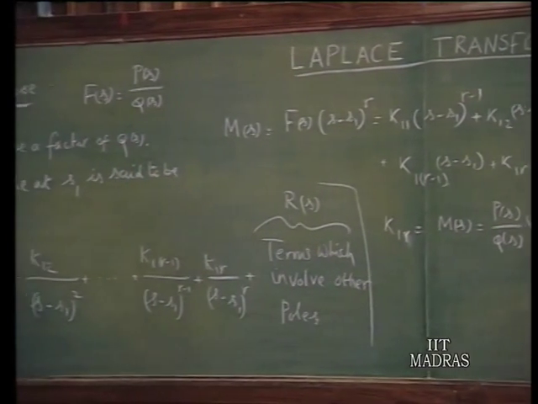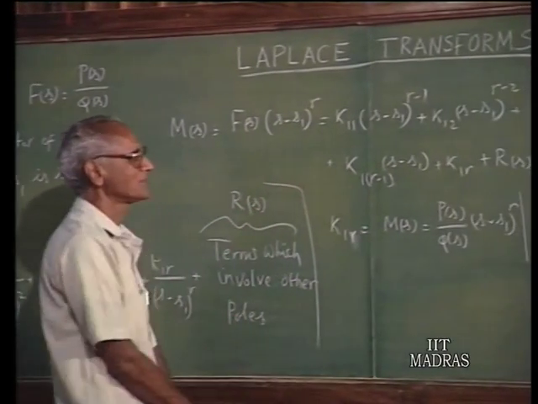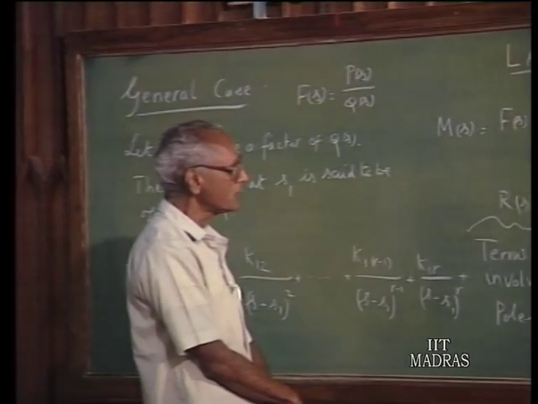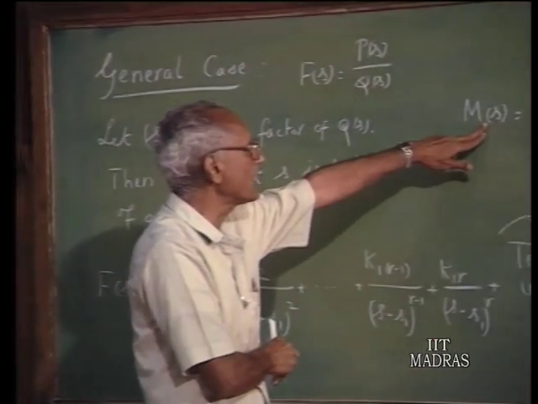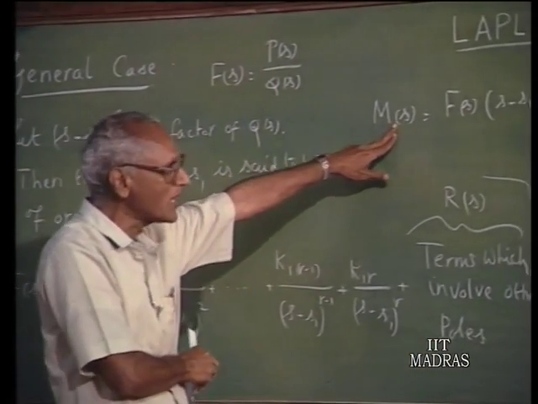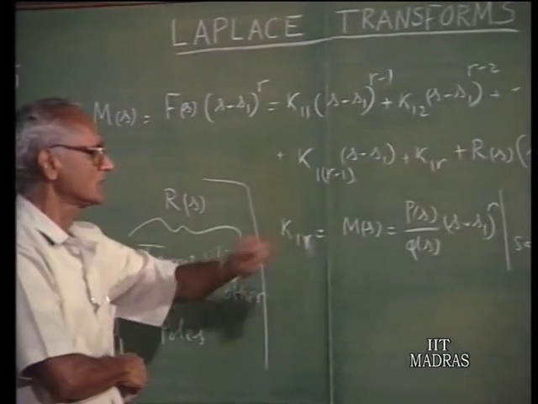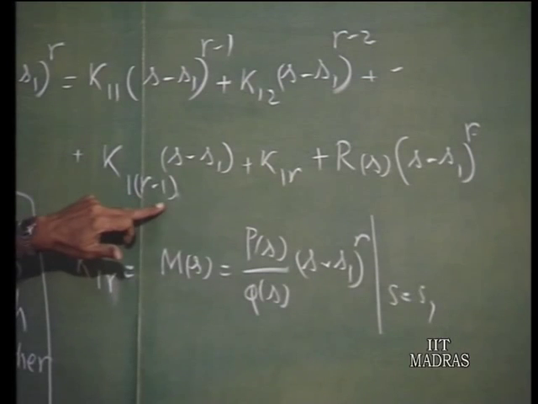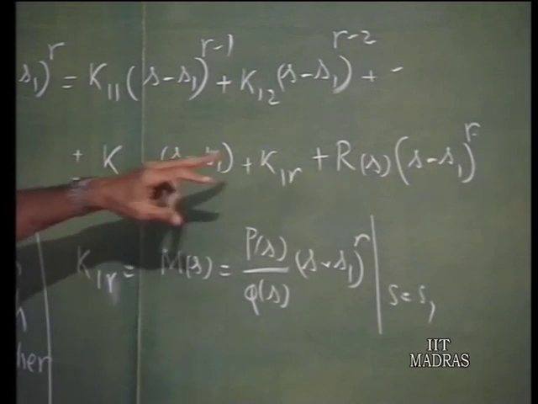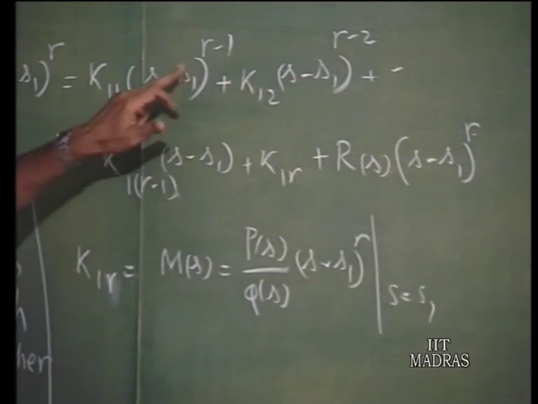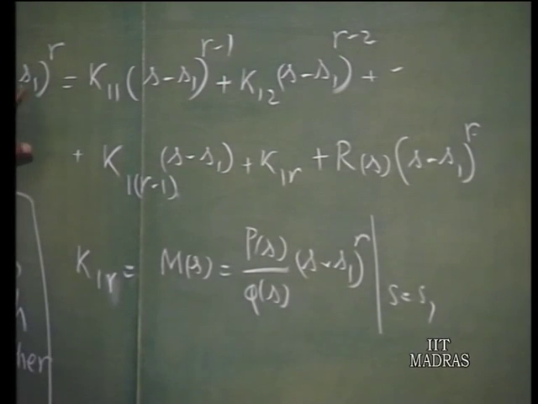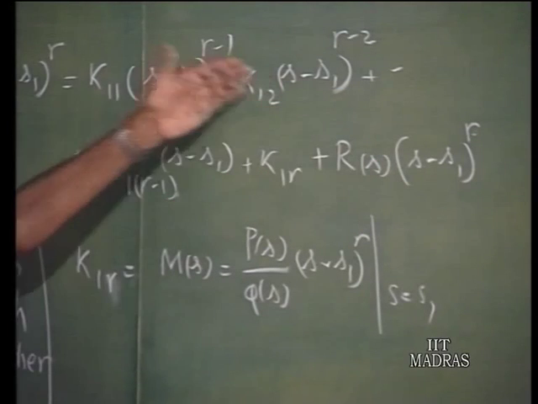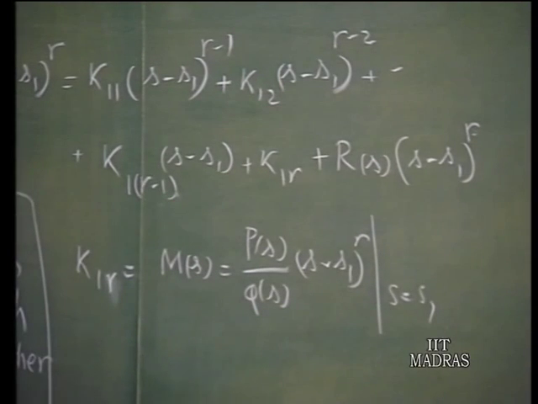Now, to find out k1(r minus 1), we adopt the same trick as we have used in this example. You recall, we took the derivative of M(s) with respect to s. If you do that, this term drops out, and the derivative of this is simply k1(r minus 1), and since these are all accompanied by higher powers of (s minus s1), when you take the derivative, (s minus s1) continues to be a factor here. Therefore, they all drop out.